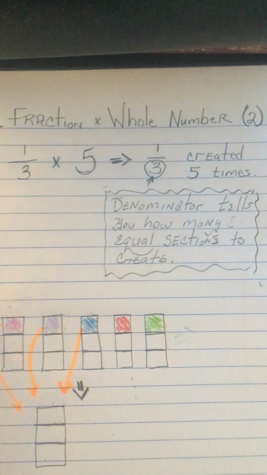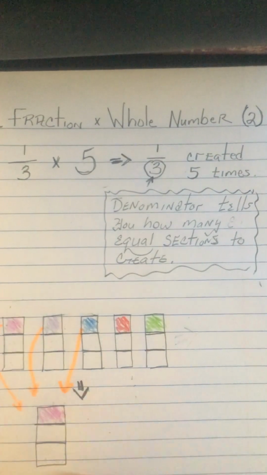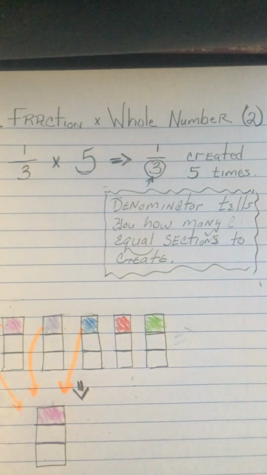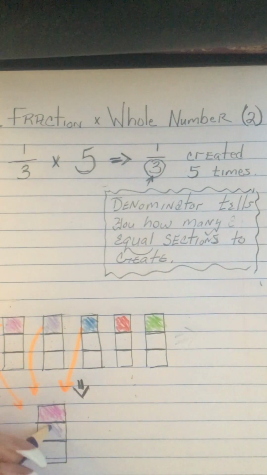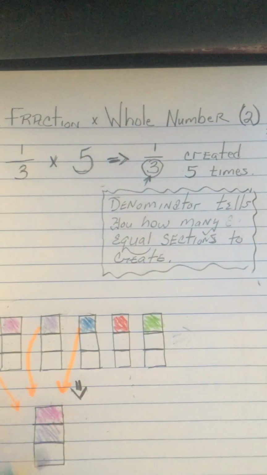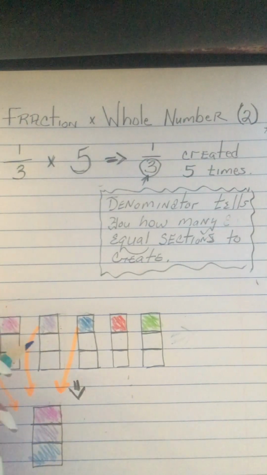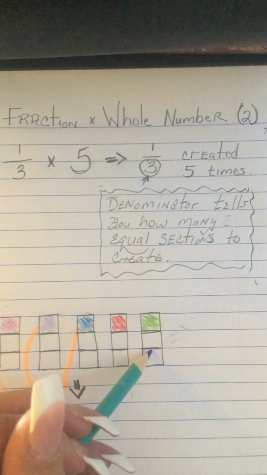So I'm going to shade in, this is the pink. And then here is the purple that I'm bringing down. And then the teal color. So I've taken care of 1, 2, 3, but I've got 2 more.